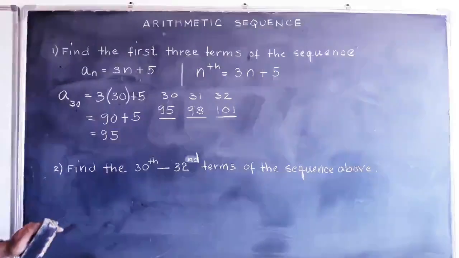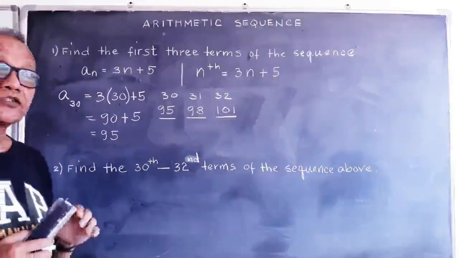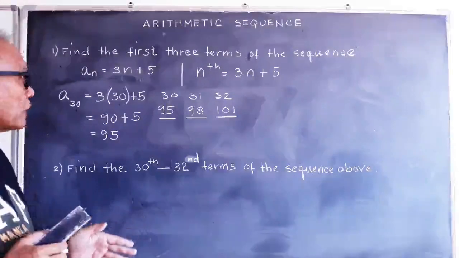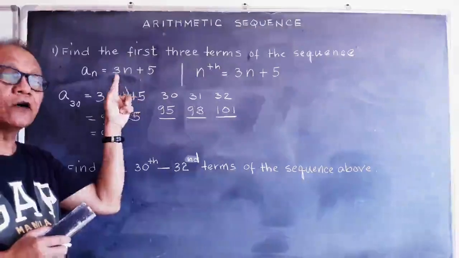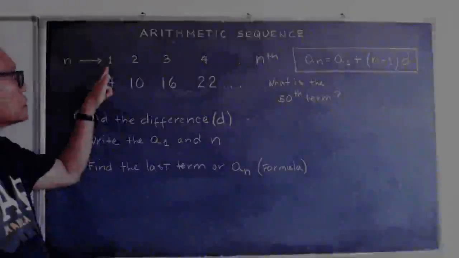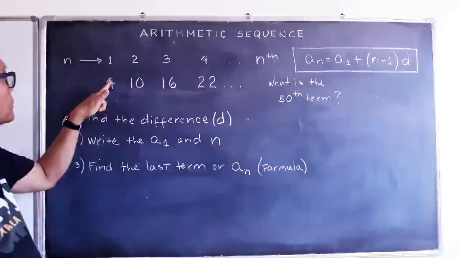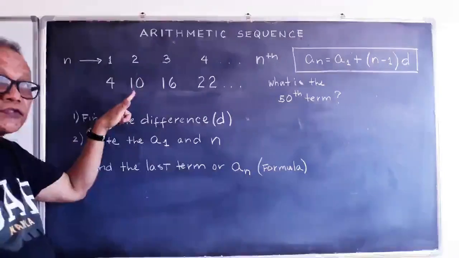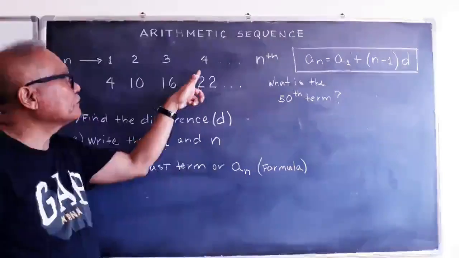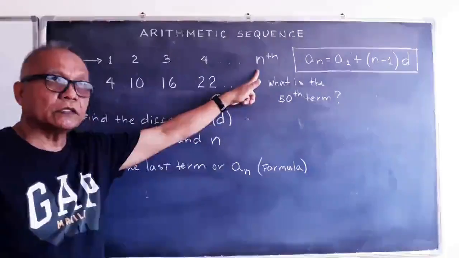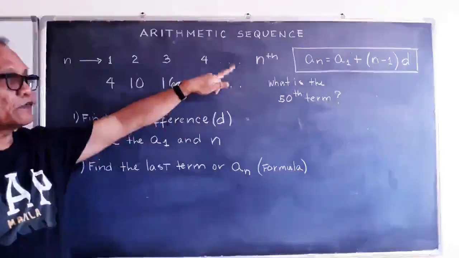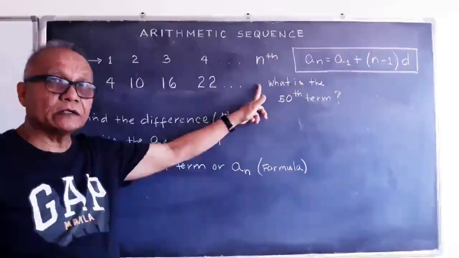So that is how to solve the terms if we have already the formula or equation for the last term. The n here is this one: 1, 2, 3, 4. This one is the first term, second term, third, fourth, the nth term. If the nth term is given, for example, the 50th term, then we have a number there.